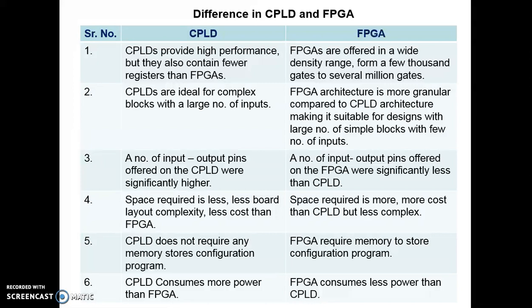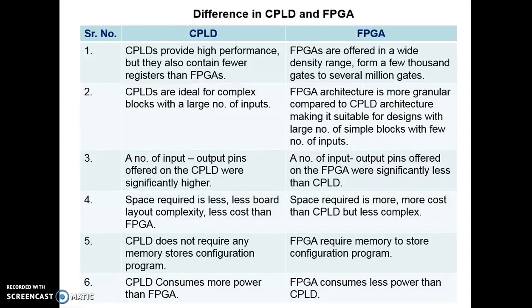The number of input-output pins offered on the CPLD is significantly higher. The number of input-output pins offered on the FPGA is significantly less than CPLD. Space required is less, board layout complexity is less, and cost is less than FPGA.